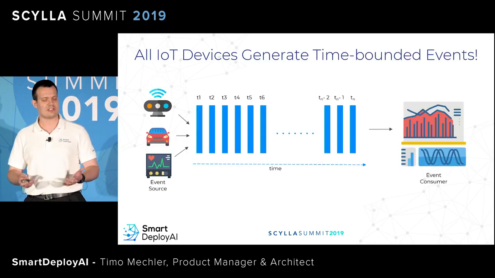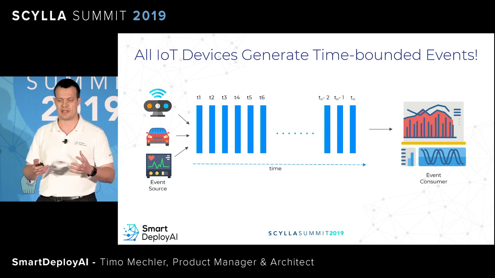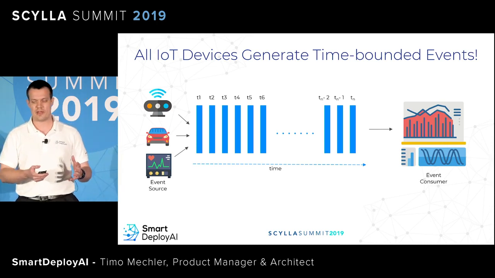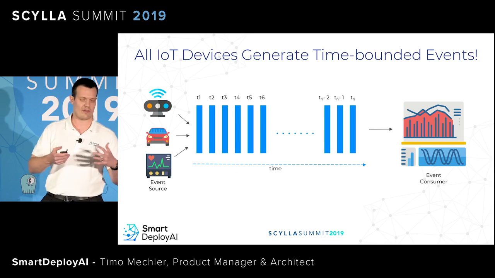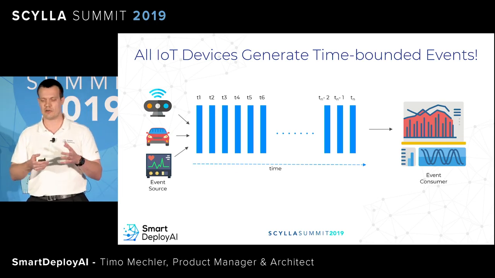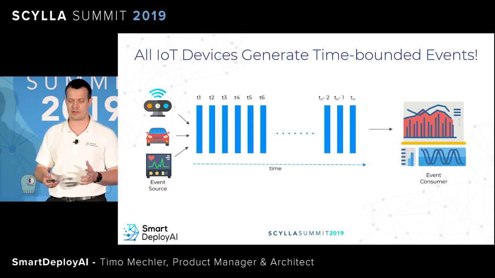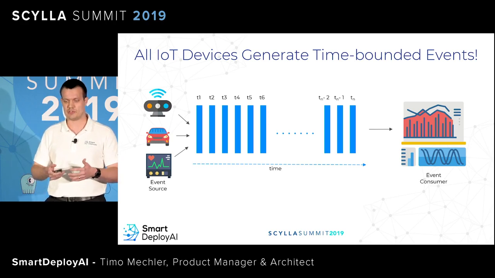But all these devices are generating data, and we really think of that data as generating events. So all the IoT devices are event sources, generating time-bounded events that are then consumed by an event consumer on the other side. So you might have a phone or a camera or a car generating events, and that's then consumed by maybe a model, maybe a BI platform, some sort of other analytics on the other end. And now those events can, as you guys surely know, take different shape and form.